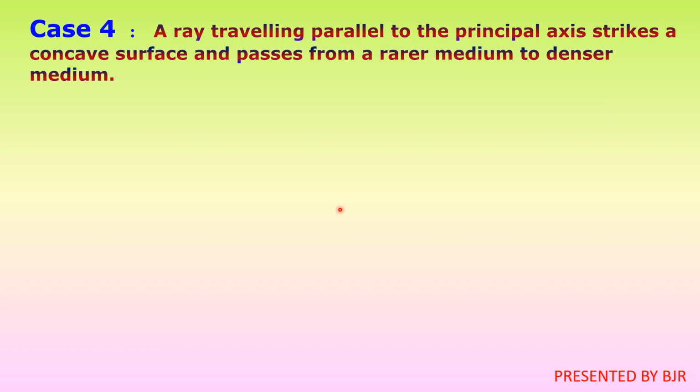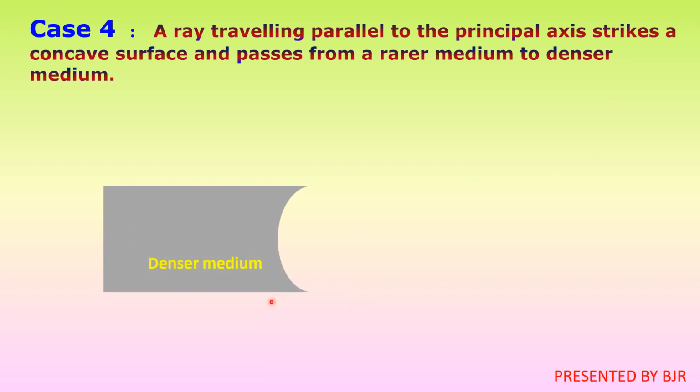Okay, so this is the denser medium and this is the rarer medium. Say this is the glass and this is air, and here is the P pole and C is the center of curvature. Okay, now we have to draw the principal axis through C and P. So this is the principal axis.